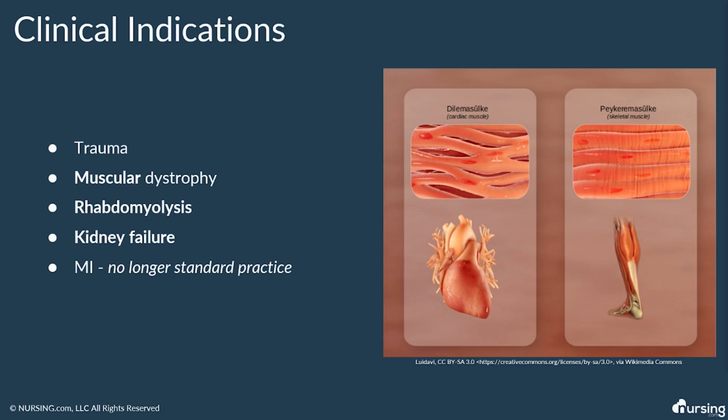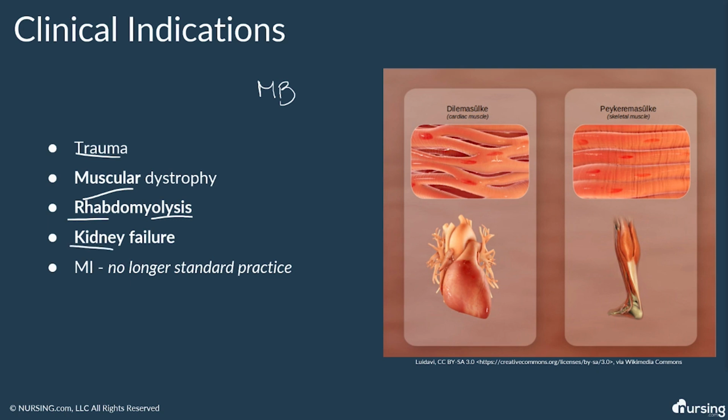Some clinical indications for why we might draw this myoglobin lab value are in times of trauma. Also, if there are disorders or conditions that deal with muscularity, like muscular dystrophy. Also, in times of really scary, bad muscle damage like rhabdomyolysis. It can also be indicated for kidney failure.